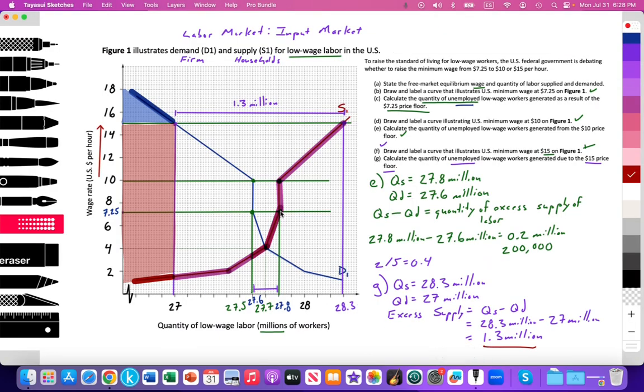So when we go from $7.25 to $10, it was illustrating that there's no impact on the employment or the unemployment rate. I guess in theory, due to the inelasticity of the supply and demand curve. That's my idea behind what's going on here.